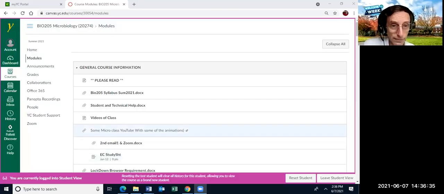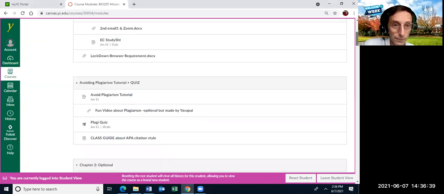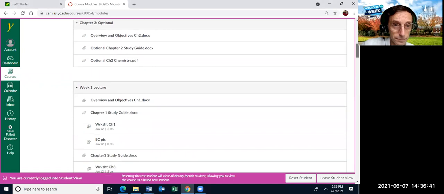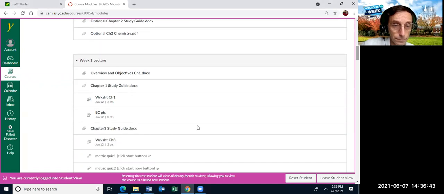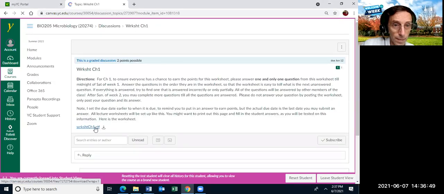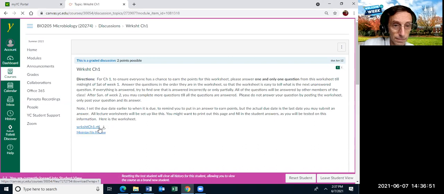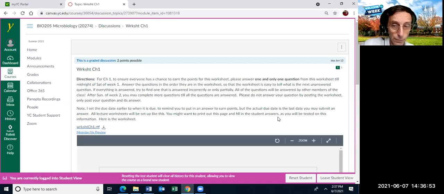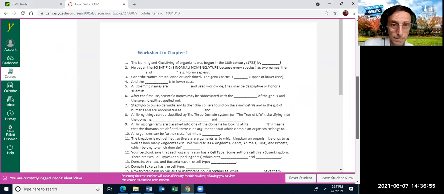Now, I logged in as a student, so I might be able to see how to do this. So, Worksheet Chapter 1, and you click here, and it gives you the worksheet. And let's say you want number 1.